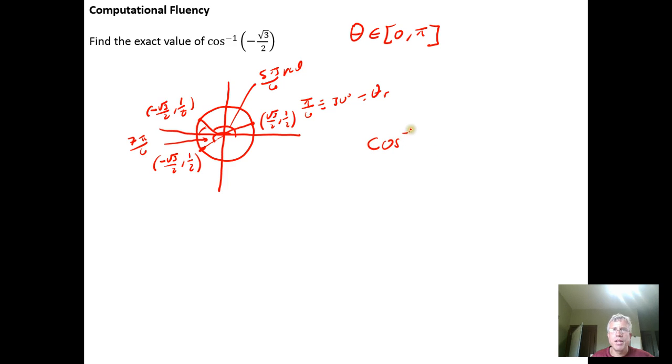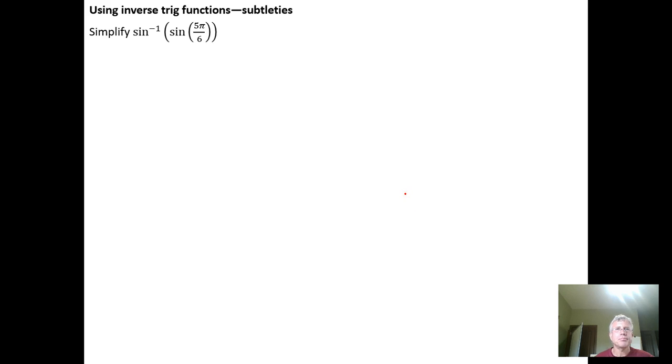So I'm going to identify that the cosine inverse of negative root 3 over 2 is going to simplify to the angle 5 pi over 6 radians. So this example gets at some subtleties that we have to be careful of.